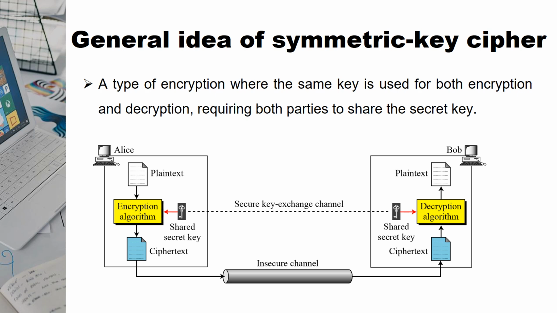If you look at the diagram on our screen, the key that is used to encrypt by Alice is the same key that will be used to decrypt by Bob.